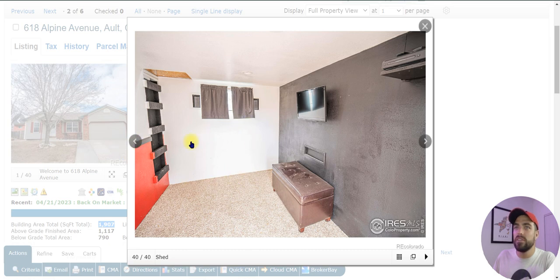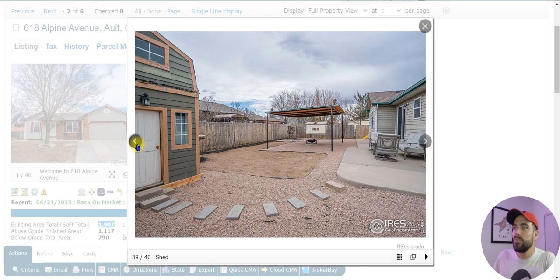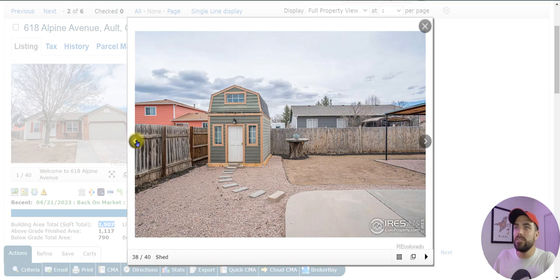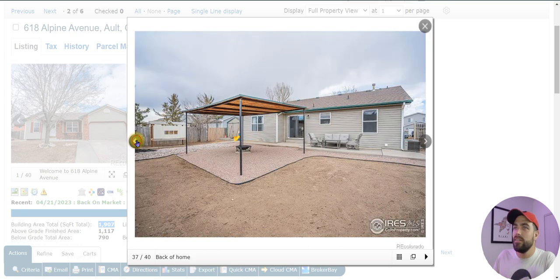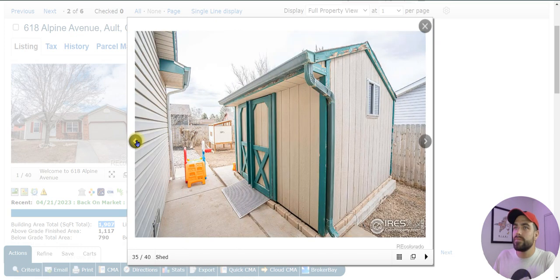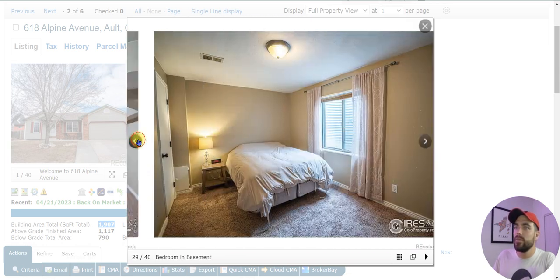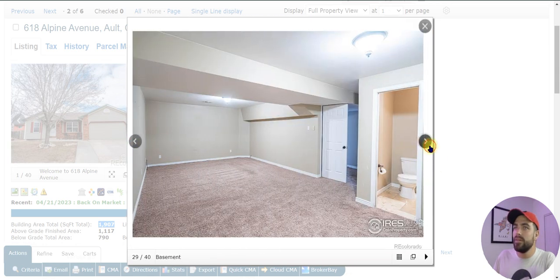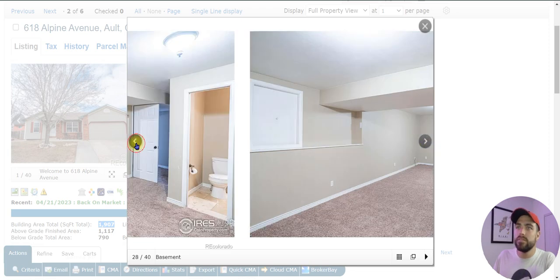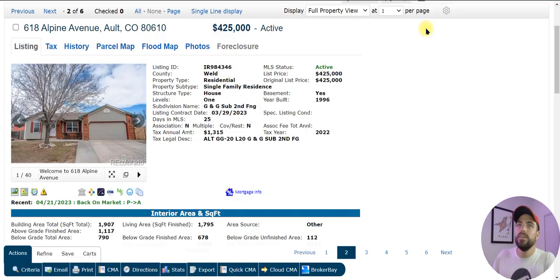So it looks like this is the basement, not super big stuff. They do have a tiny little shed back here. Yeah, I don't think we're going to see a basement. Oh, there we go. So it's finished. It's just a little small.